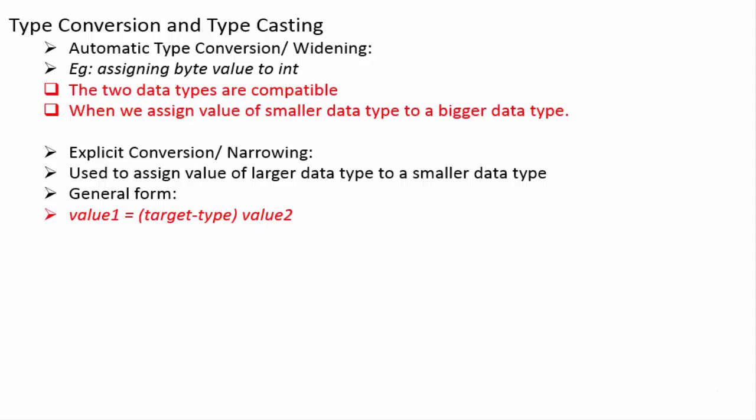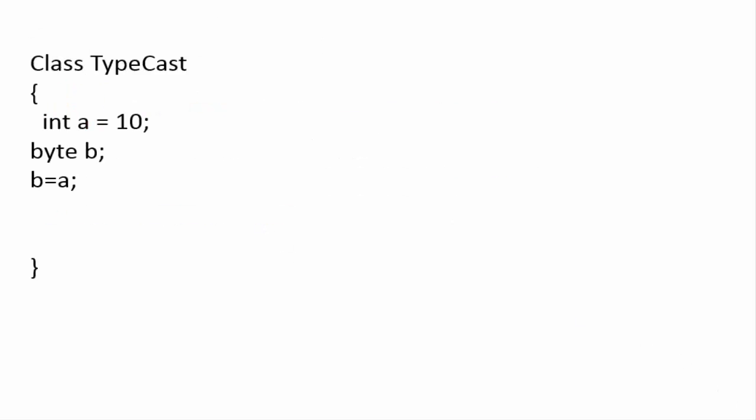Let us see this example to understand how typecasting takes place. When you write int a = 10, that means you are initializing the integer with 10, and I am declaring another variable b as byte. So int is large enough to hold a byte.